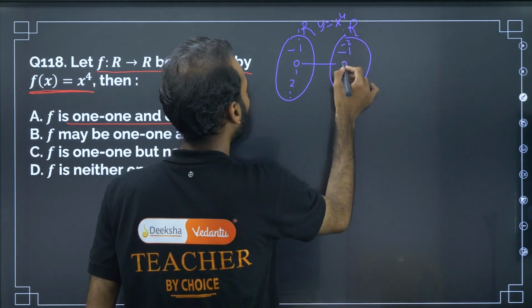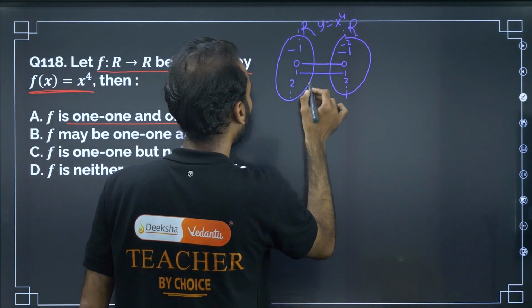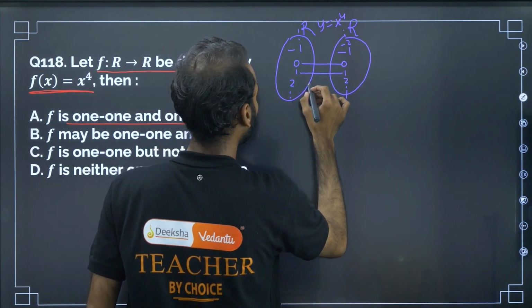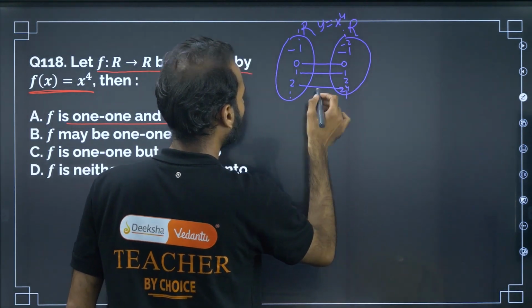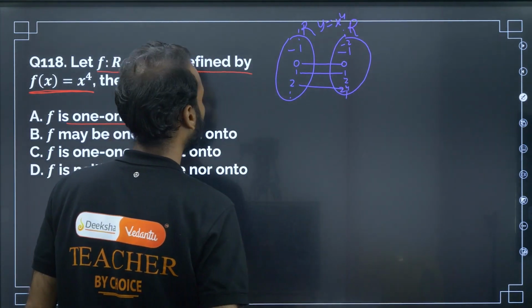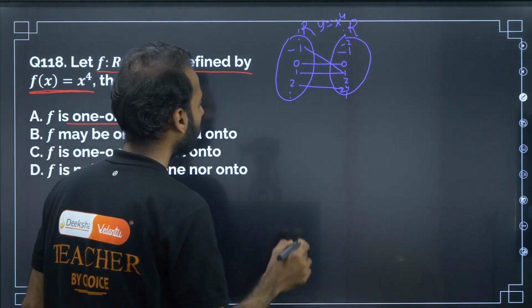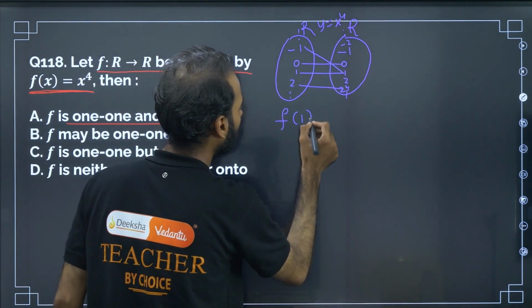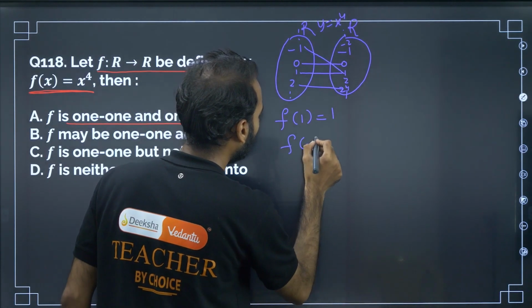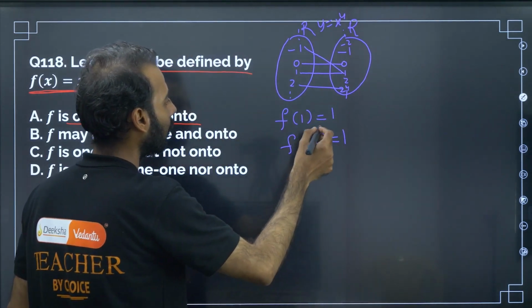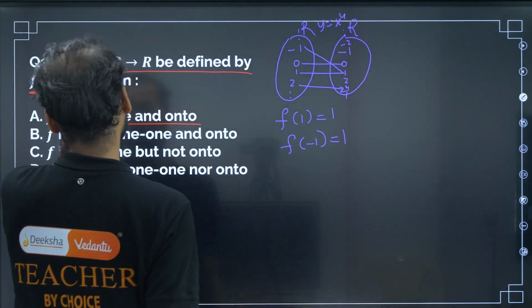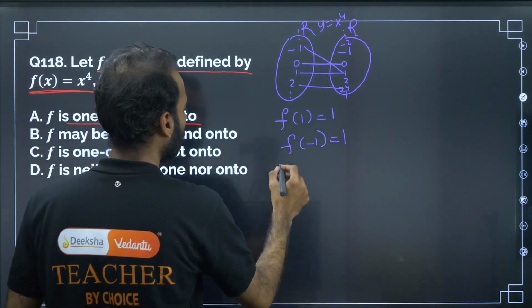For input 0, the output is 0; for input 1, the output is 1; for input 2, the output is 2 power 4; for 3 something. Next, for minus 1 the output is 1, because for 1 the output is 1, and for minus 1 again it is 1 only. For 0 it is 0.